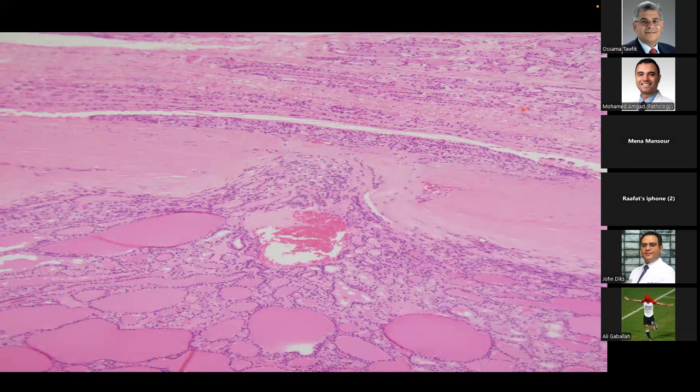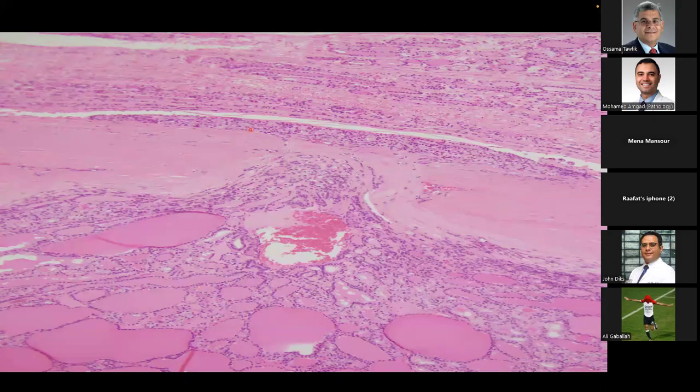that are very difficult to see. In this one, which is kind of interesting, you see the capsule on this side, capsule on this side, but the tumor is not actually breaking through. It kind of stops here. But if you look on the other side, right here, you see follicles that look like the lesion inside.